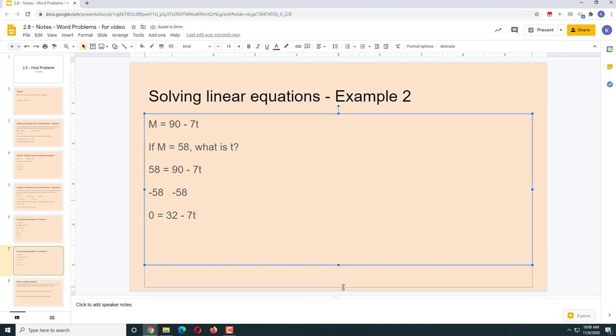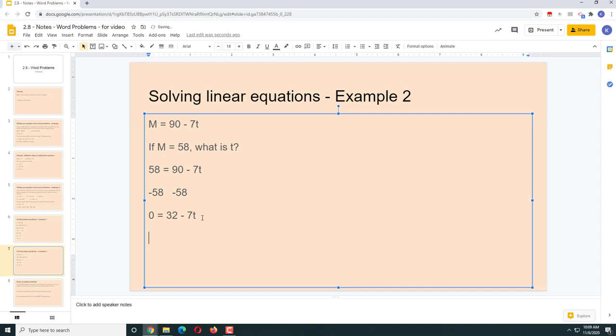I think the easier way of thinking about it is to add 7t to each side. And then we get 7t equals 32. Divide both sides by 7. And we're going to get t equals 32 over 7. We don't have to simplify this any further.